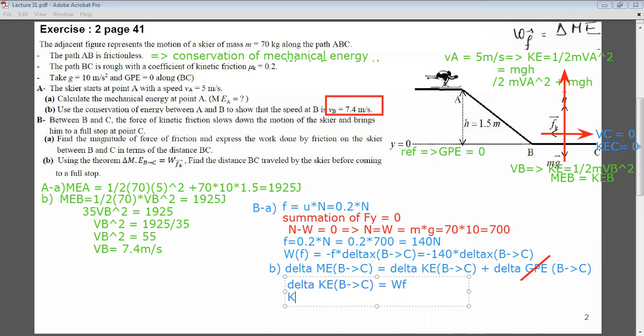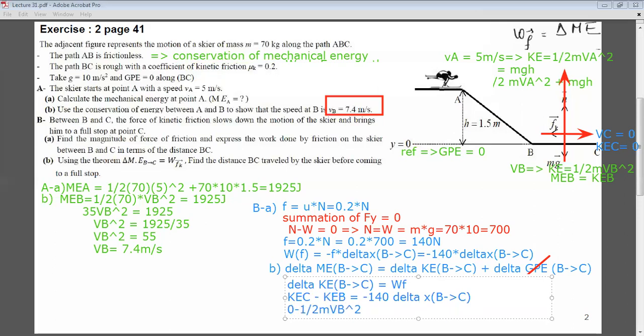Delta kinetic energy between B and C is kinetic energy at B minus kinetic energy at C. Sorry, here the delta is kinetic energy at C minus kinetic energy at B. Okay, because it's delta, so it's final minus initial. Kinetic energy at B is half m vB squared, and kinetic energy at C is 0 because it stops completely.